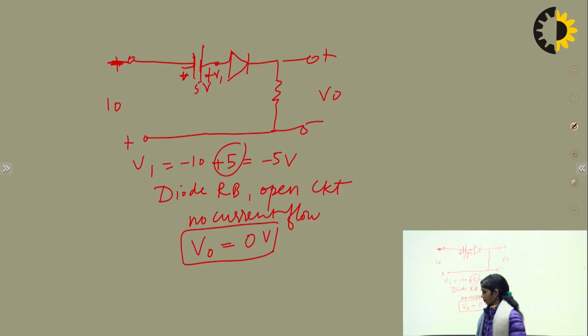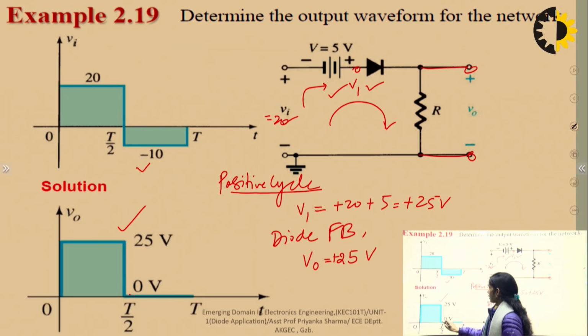So we will obtain the graph like this. For the negative or less than 5 volt, we obtained 0 volt. So we can say that the negative portion will be clipped here, which is lesser than 5 volt. So this gives a brief idea about the biased series clipper.